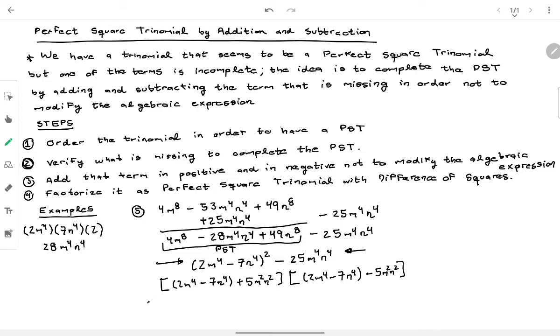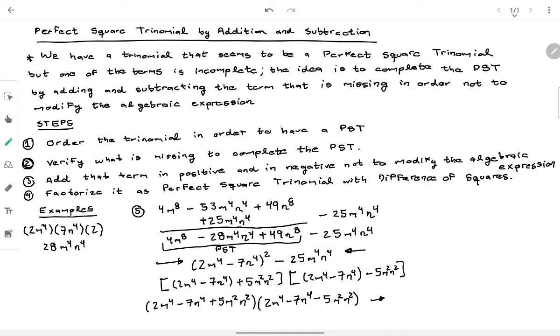So our answer is going to be 2m to the 4 minus 7n to the 4 plus 5m squared n squared. The second one is going to be 2m to the 4 minus 7n to the 4 minus 5m squared n squared.